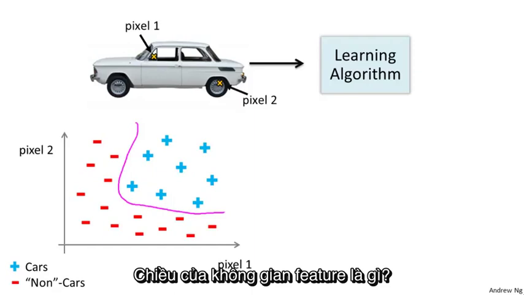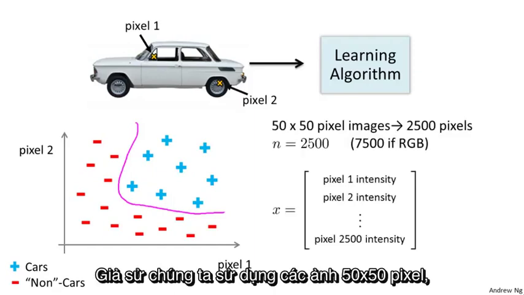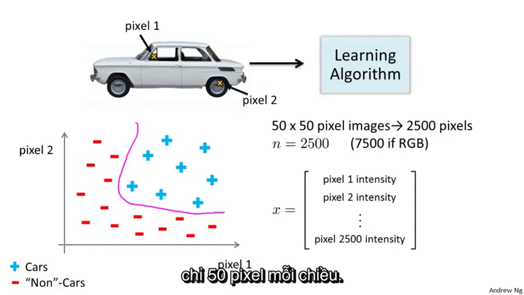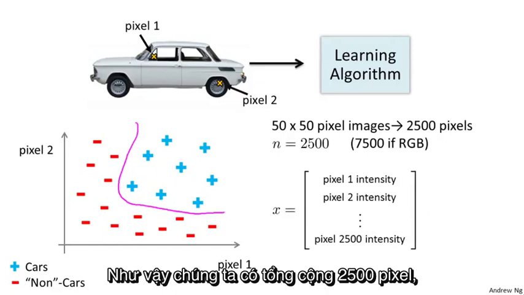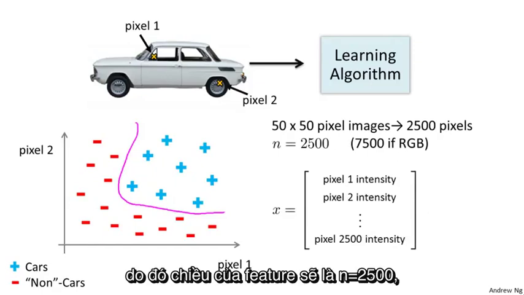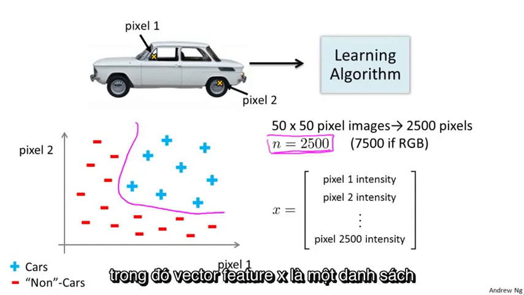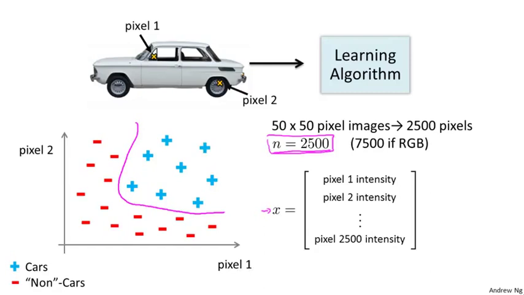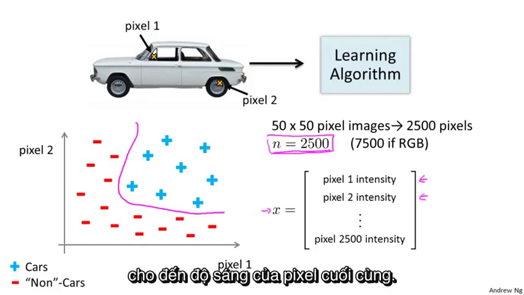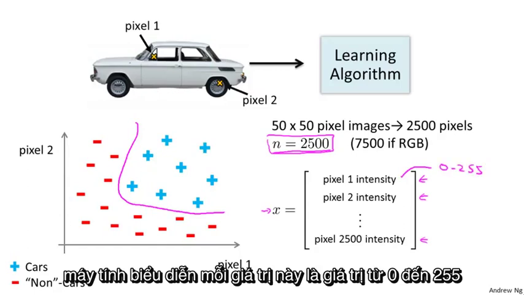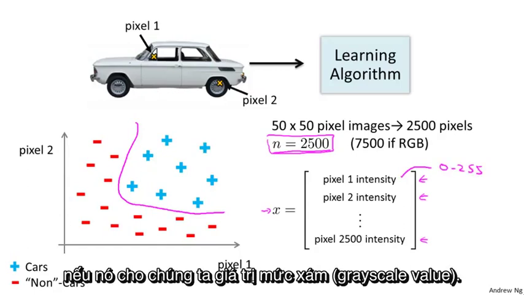What is the dimension of the feature space? Suppose we were to use just 50 by 50 pixel images. That is, suppose our images were pretty small ones, just 50 pixels on the side. Then we would have 2500 pixels, and so the dimension of our feature size will be n equals 2500, where our feature vector x is a list of all the pixel intensities, the pixel brightness of pixel 1, the brightness of pixel 2, and so on, down to the pixel brightness of the last pixel, where in a typical computer representation, each of these may be values between, say, 0 to 255, giving us the grayscale value.